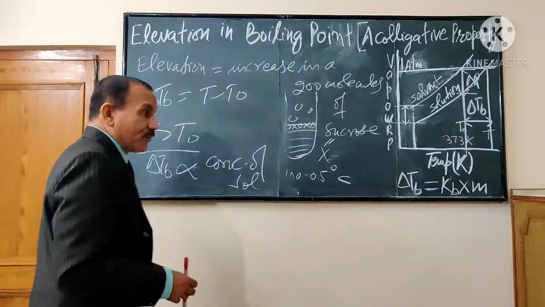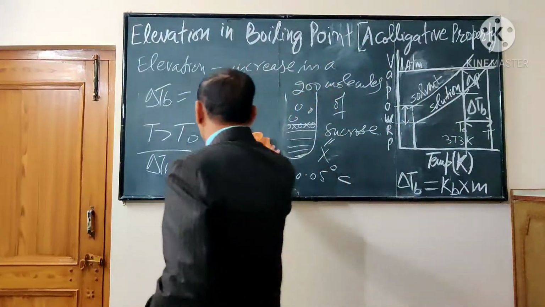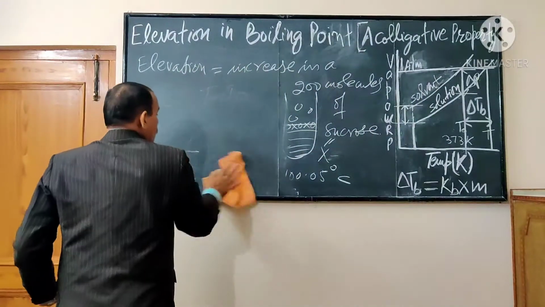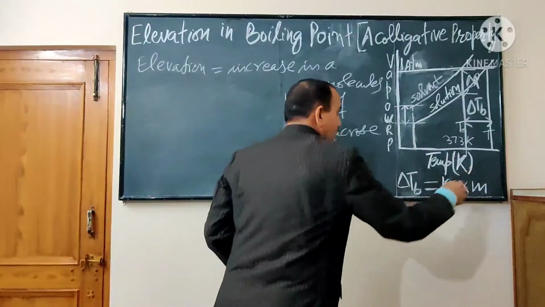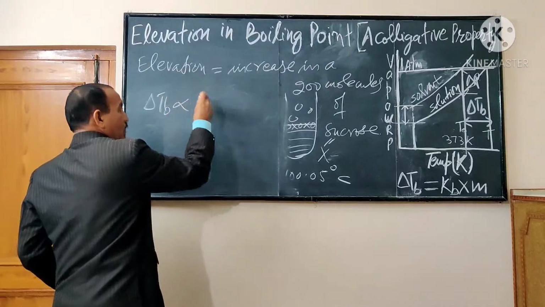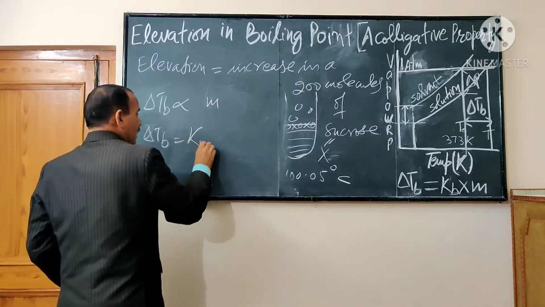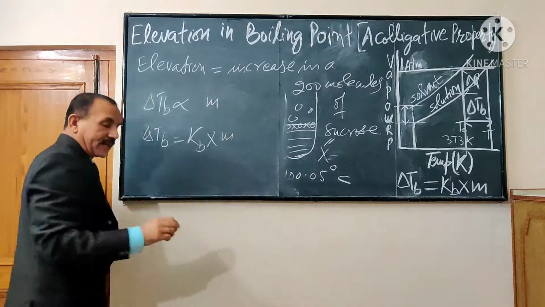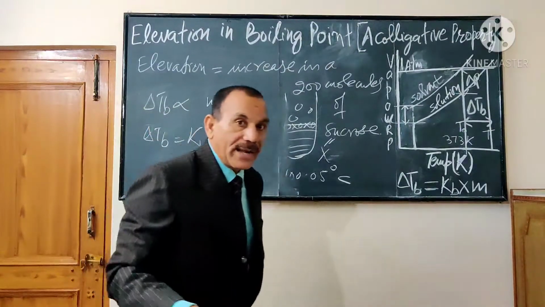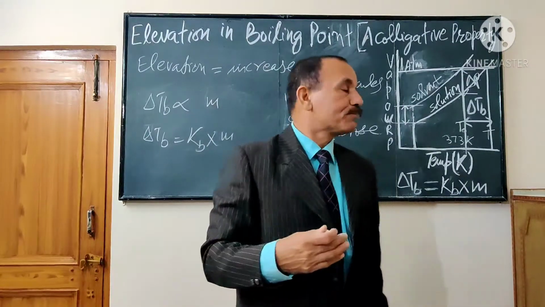And if we add the proportionality constant, that is Kb, it is known as the molar elevation constant. That is, delta Tb is proportional to m. Delta Tb is equal to Kb into m, and Kb is known as the molar elevation constant or ebullioscopic constant.